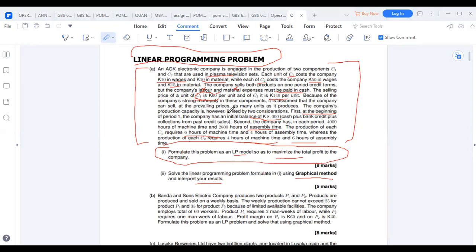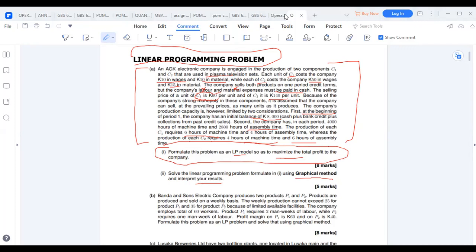They're saying that the company sells both products on one period credit terms, but the company's labor and material expense must be paid in cash. At the beginning of the first period, the company has an initial balance of 8,000, which is cash plus bank credit. They were using the same 8,000 to sort out the material cost.